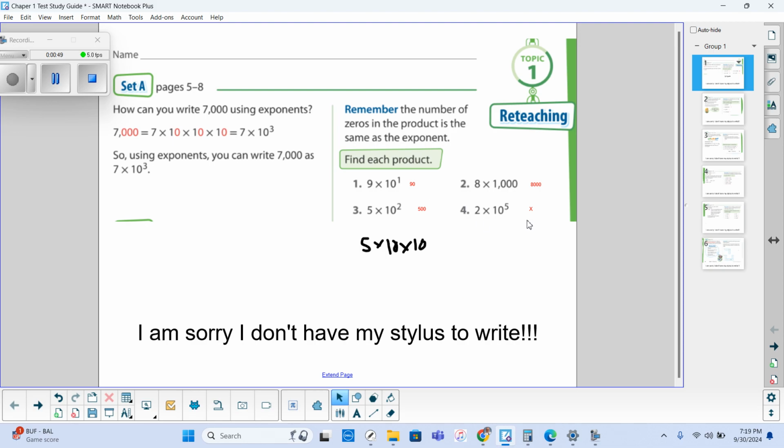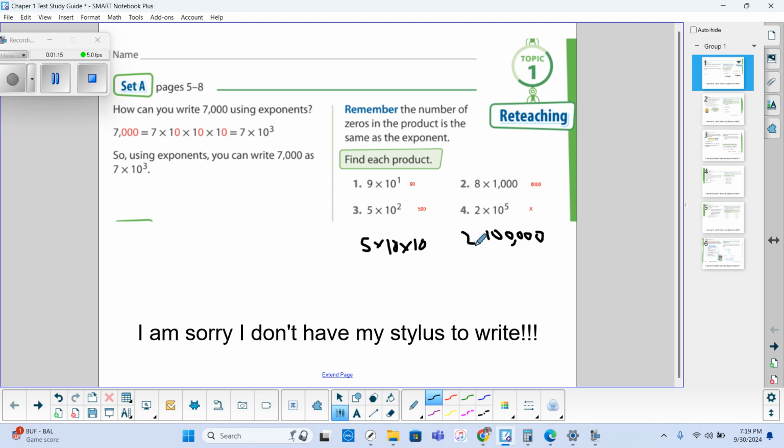And 2 times 10 to the fifth, well, just like 10 squared, or 10 to the second power, is a 1 with two zeros behind it, or 100, 10 to the fifth power is really 1 with 1, 2, 3, 4, 5 zeros behind it, or 100,000.